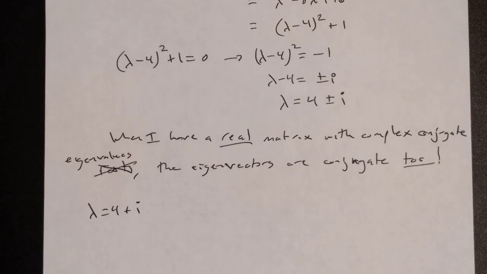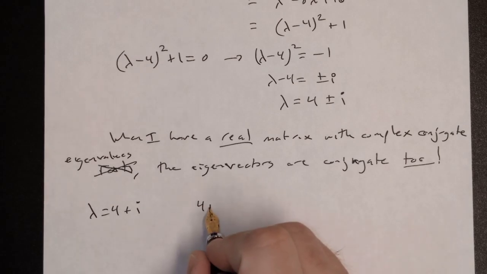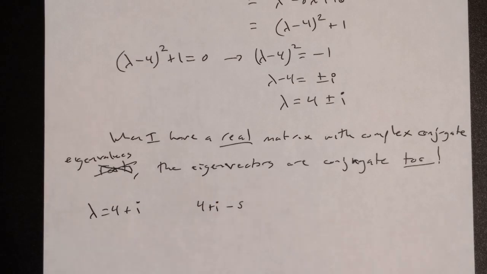Here's the worst part. I'm about to break the calculator. Calculator won't do complex numbers. All right, wait a minute. Lambda minus 5, 4 plus i minus 5. Then minus 1. Then 2.